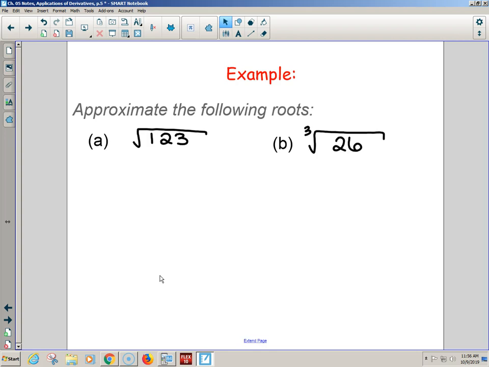Just a second ago, we were approximating 1 plus sine of 0.25, or 1 plus sine of 0.5, or 1 plus sine of 0.125, by plugging in 1 plus x. So how am I expecting you to know what the square root of 123 is? I don't. I don't expect you to know what the square root of 123 is, but I do expect you to think of, what's my function?